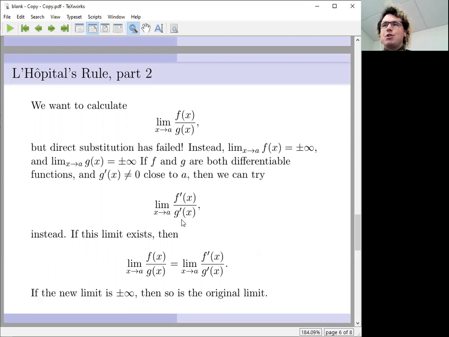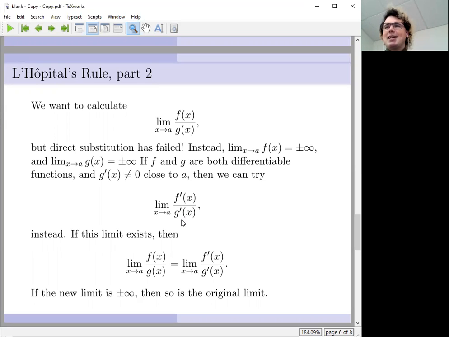Maybe f of x goes to positive infinity, or f of x goes to negative infinity. Maybe g of x goes to negative infinity. Maybe g of x goes to positive infinity. But both of these limits fail to exist. Then I'm stuck in this same situation where I cannot use direct substitution again.